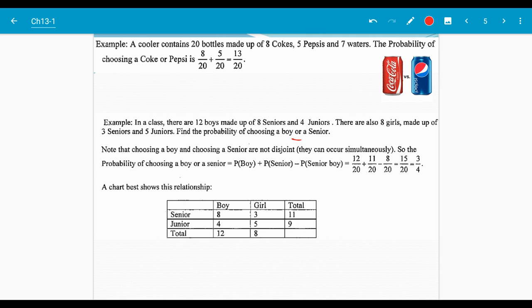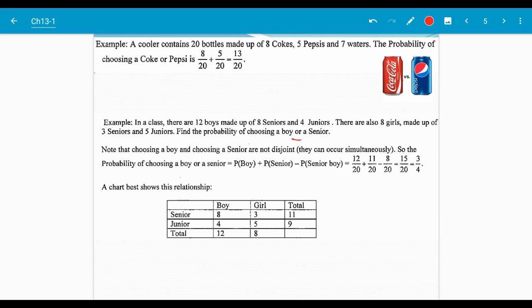But in this case, this process of picking a boy and picking a senior, they are not disjoint. Okay? They can obviously occur at the same time. If we pick a senior boy, that's a simultaneous selection. We're only picking one, but it fits both categories. So in this case, we want to follow along with the equation and subtract away any probability of overlap.